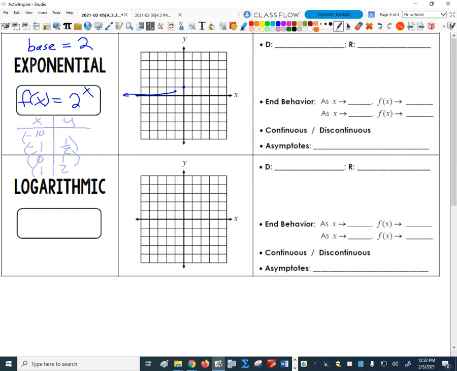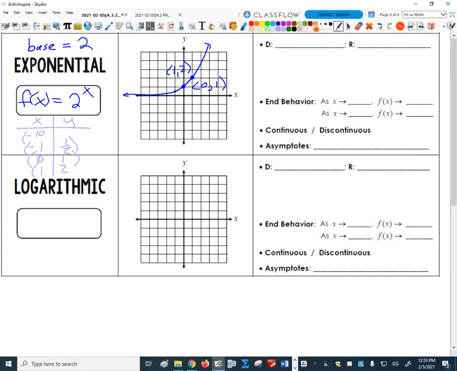You can kind of see what's happening then, can't you? This thing is just going to go through there, and it increases exponentially. It starts to increase faster and faster and faster. The really important point here is the one at 0, 1. And maybe this point right here too at 1, 2. If we plot those points, that gives us a pretty good idea what's going on.